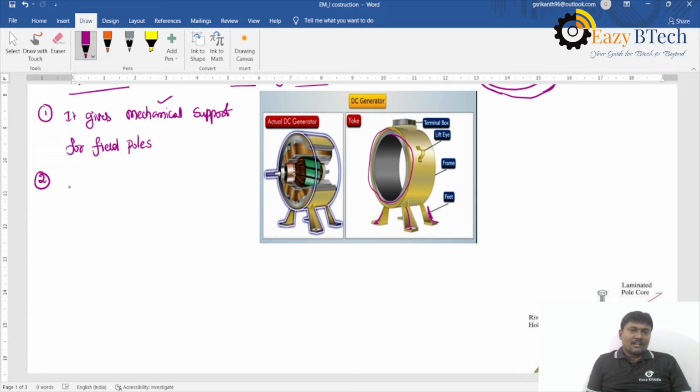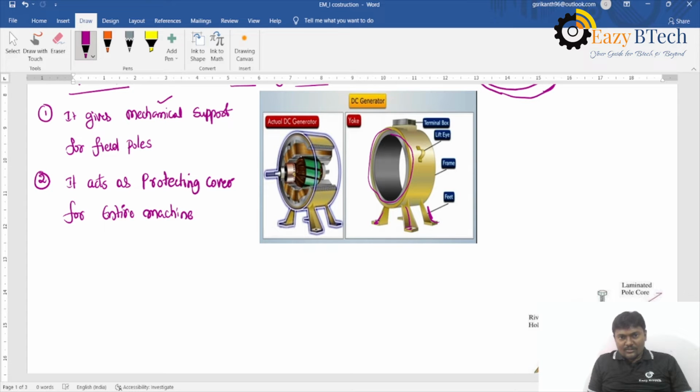It gives mechanical support for the field poles, and also it acts as a protecting cover for the entire machine from dust and rain.